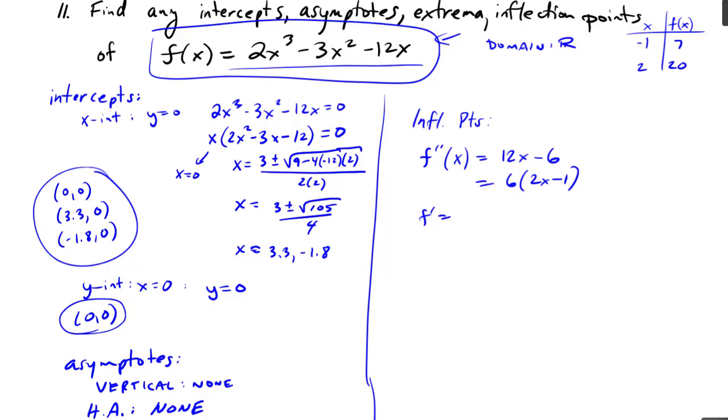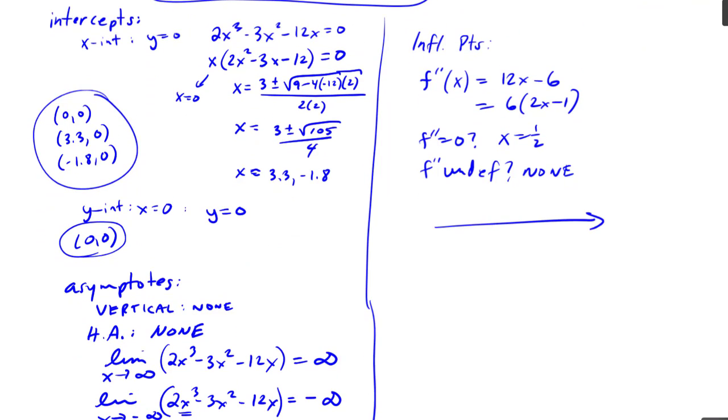And I ask, when is my second derivative 0, and when is it undefined? x equals 1/2 is where it's 0, and it's not undefined anywhere. So I'm going to put 1/2 there for my second derivative.